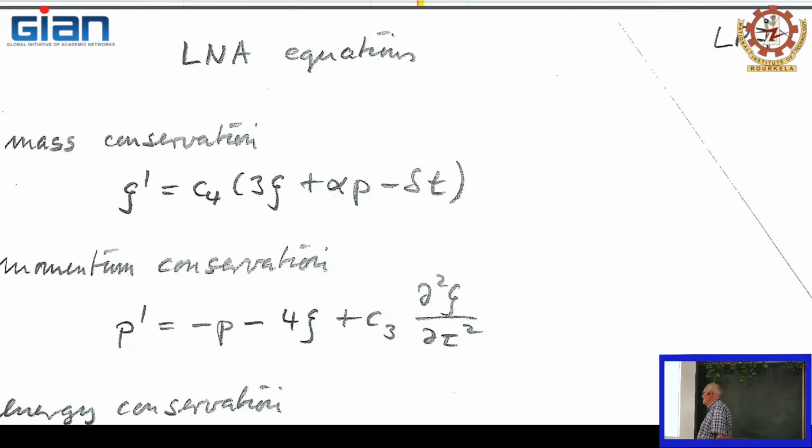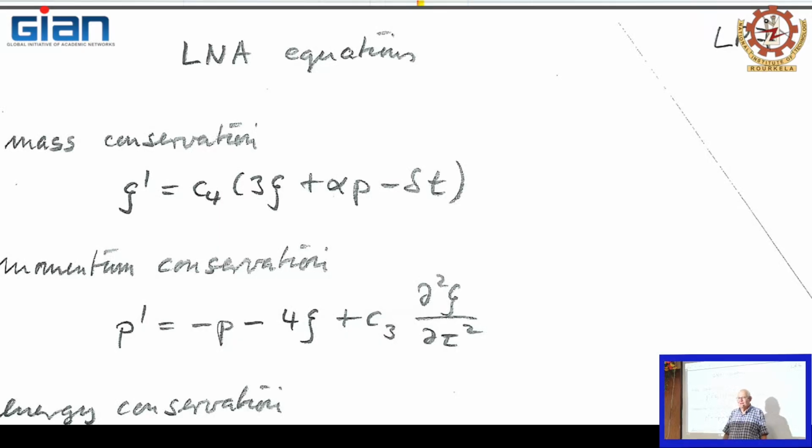So zeta dash is given by some dimensionless coefficient, which we call C4, times 3 zeta plus alpha p minus delta t. These are the coefficients of the equation of state.